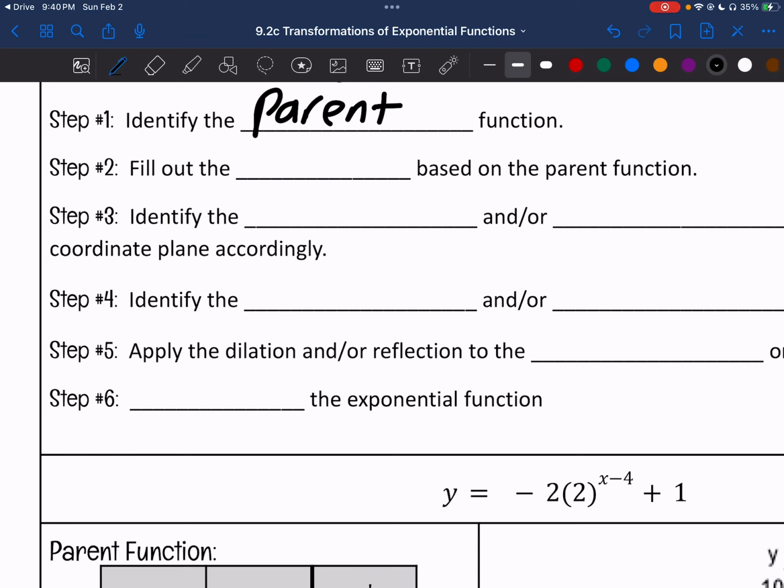Followed by filling out the table based on the parent function. We're going to identify the vertical and/or horizontal transformations.